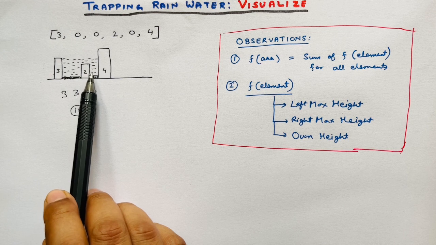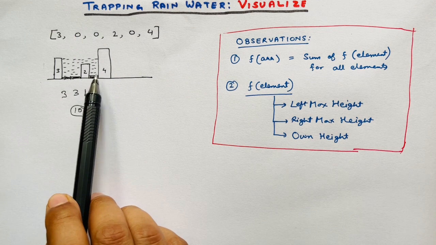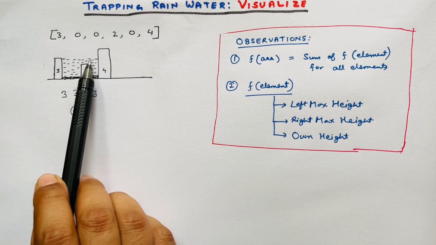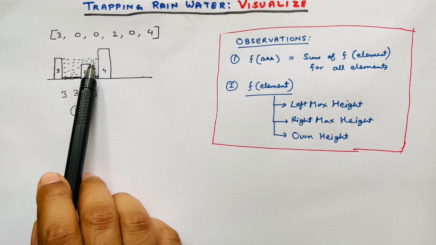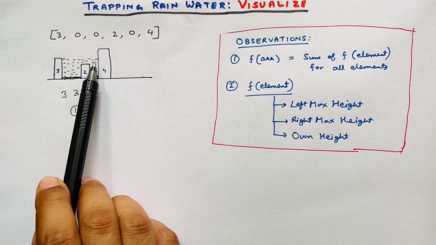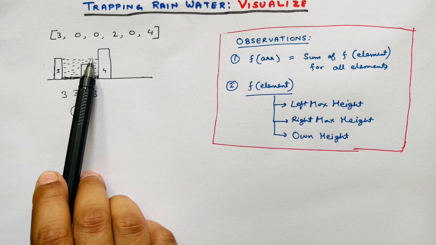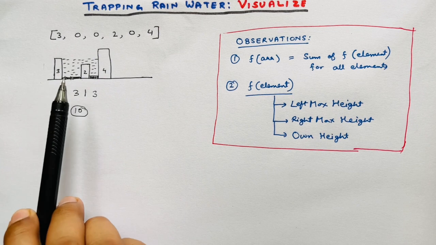The water held by this element is not just dependent on the height of the immediate left bar to it, or the height of the immediate right block to it. It is dependent on that, okay, the left maximum I can reach is level 3 and the right maximum I can reach is level 4. But it's not that I will be able to store the water till level 4. Why? Because if I go anything above height 3, it will overflow.